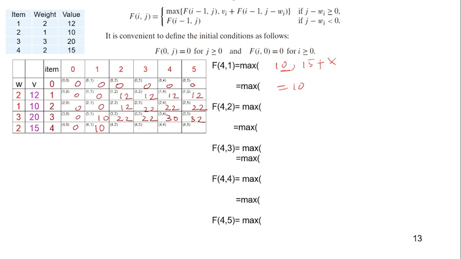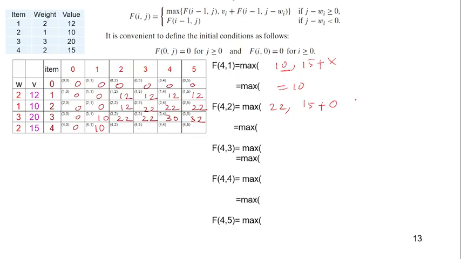And the next one, 4 comma 2. For 4 comma 2 you have to consider this 22, comma, value 15 plus 2 minus 2, 0. So previous row 0.